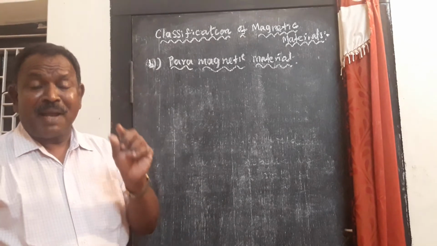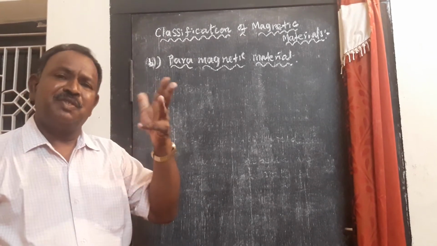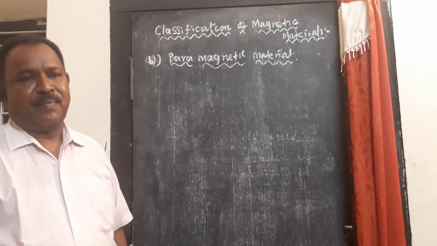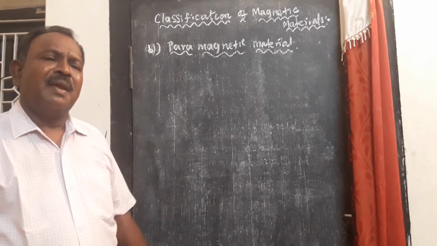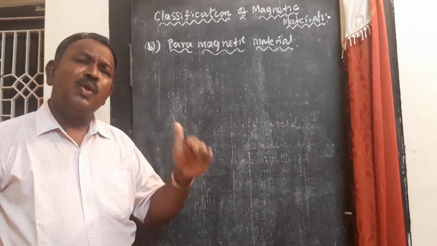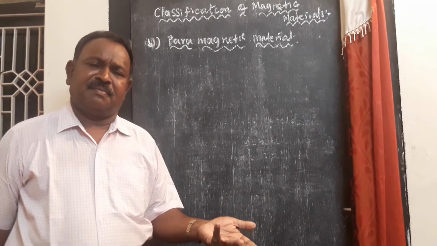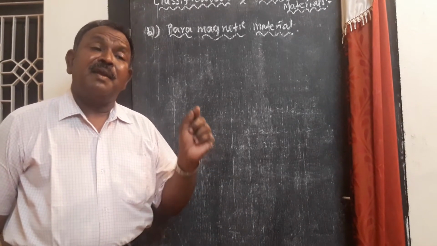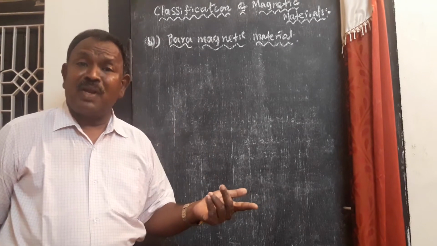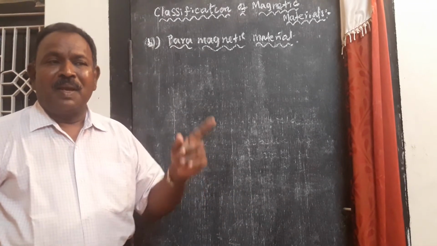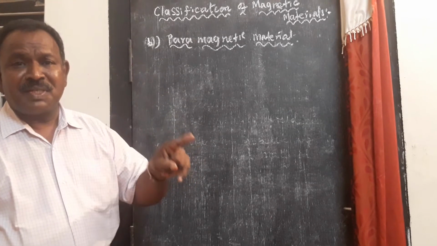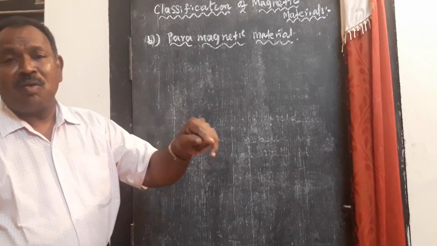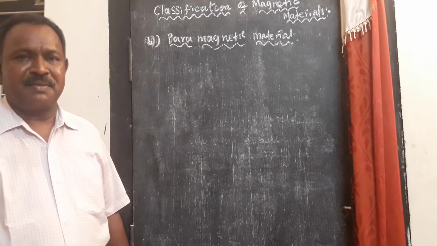The net magnetic moment of the specimen is 0. When such a magnetic material is kept in a uniform magnetic field, the randomly oriented magnetic moments will tend to align themselves in the direction of the external magnetic field.